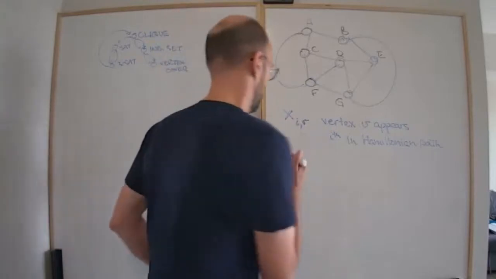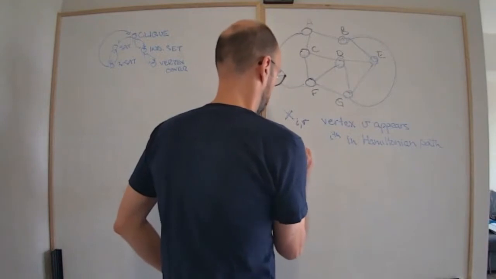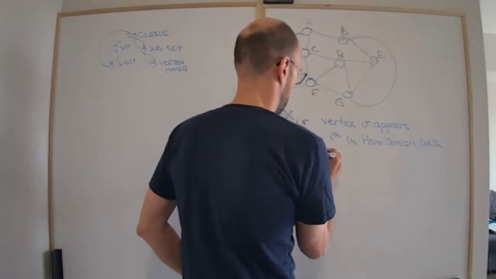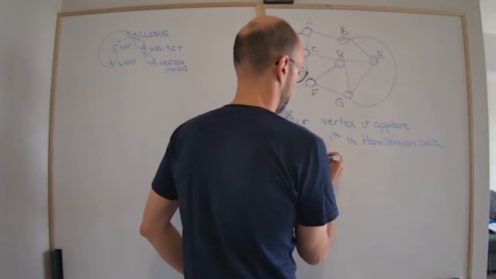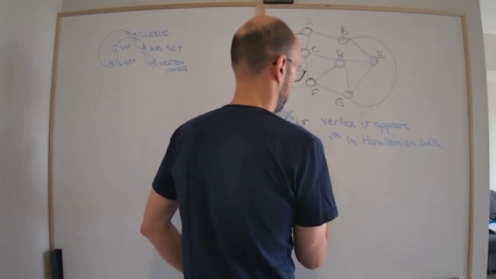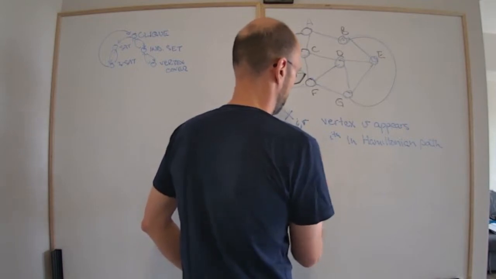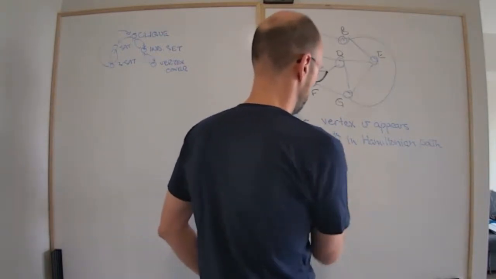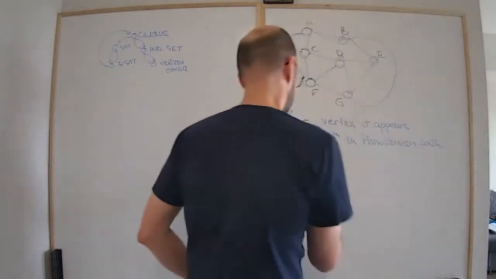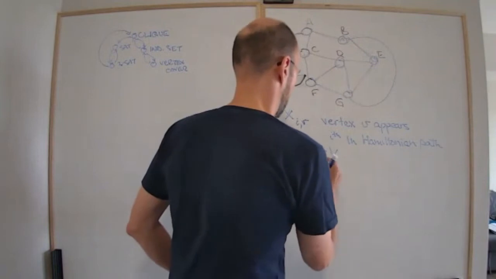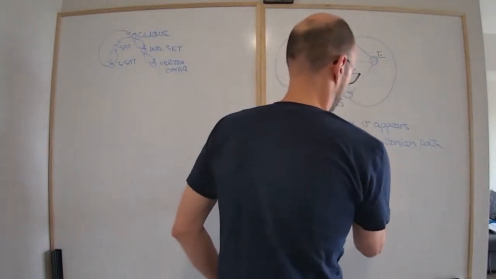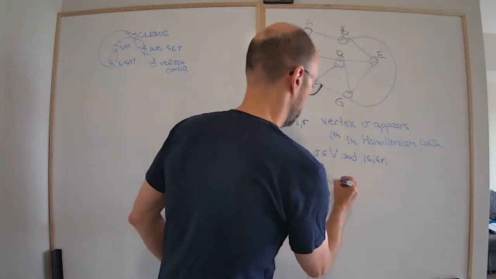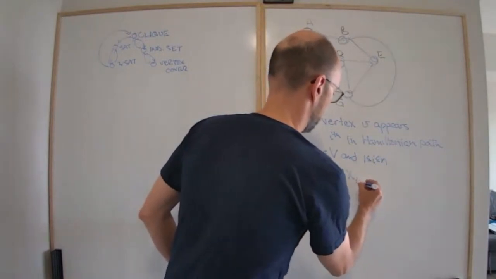Okay, so we're going to have, for u, v in V, where capital V is the vertex set of G, we have not, and, 1 less than or equal to i less than or equal to n. Not the case that x_{i,u} and x_{i,v}.